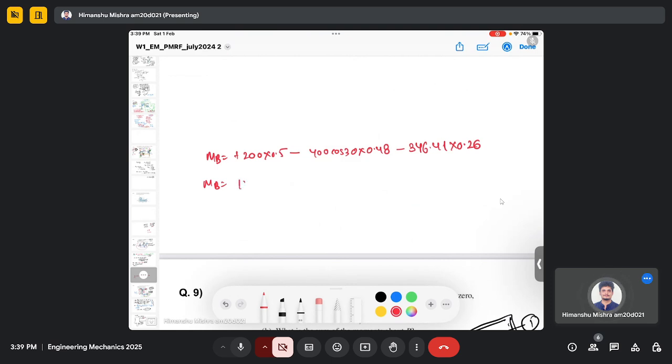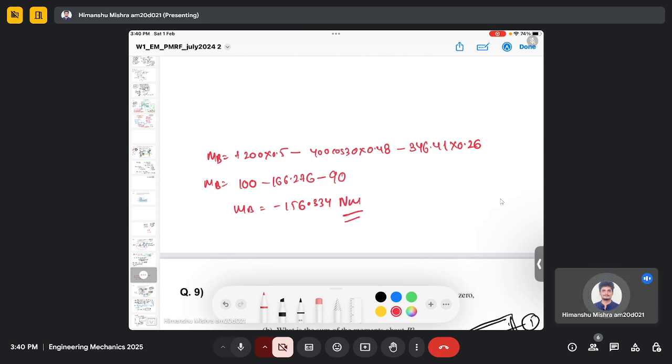So when you calculate it, you will get moment at point B is minus 156.334 Newton meter.